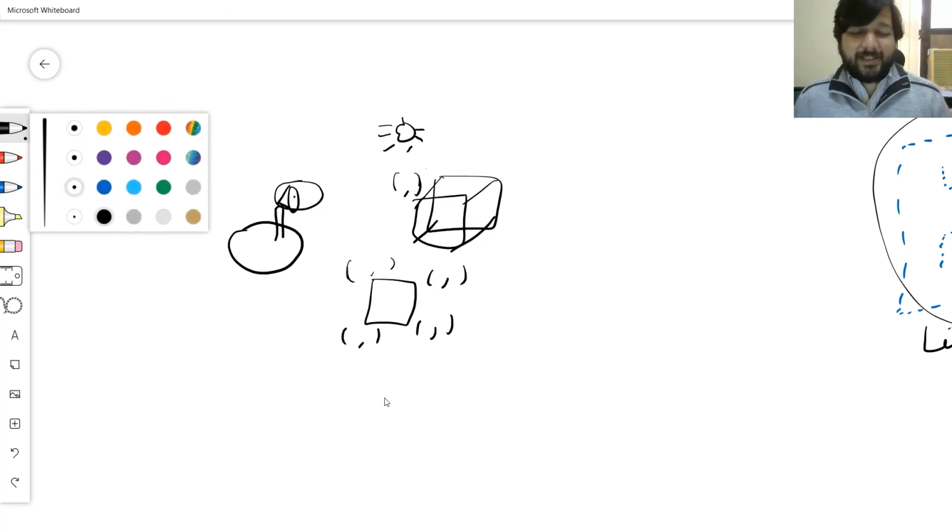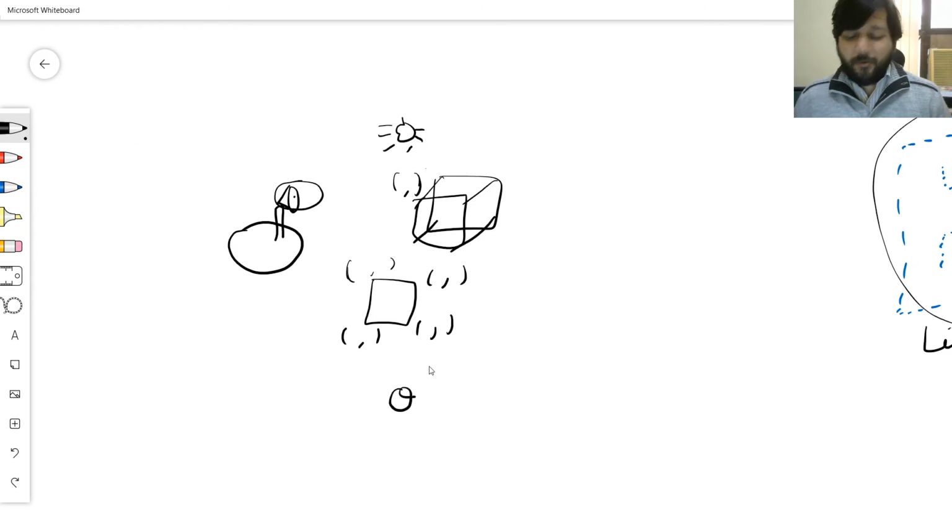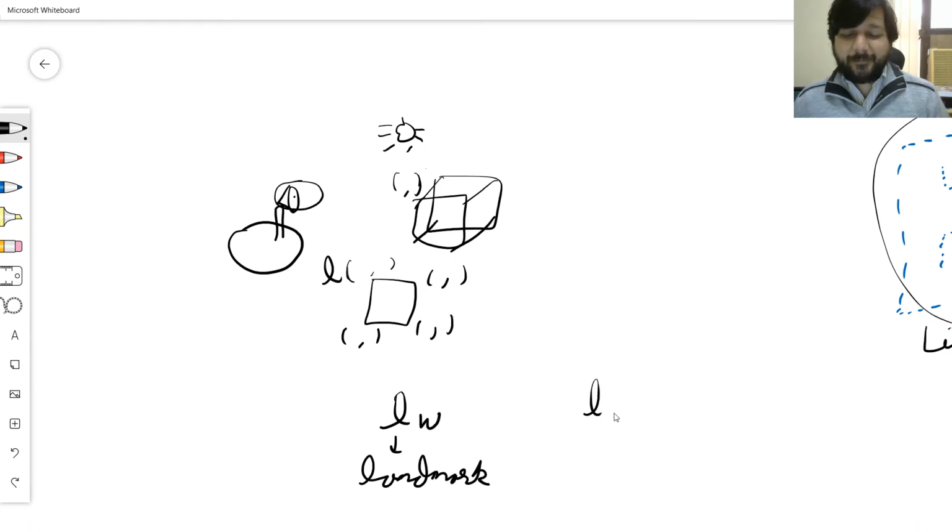So let's say it is exactly the same thing, O, and now let me call this L, a landmark. Let me draw one landmark over here. I know the landmark in the world. What I also know is the landmark in my camera coordinate frame. Suppose I have a camera right here, and suppose there is a stereo camera if you want to calculate depth.